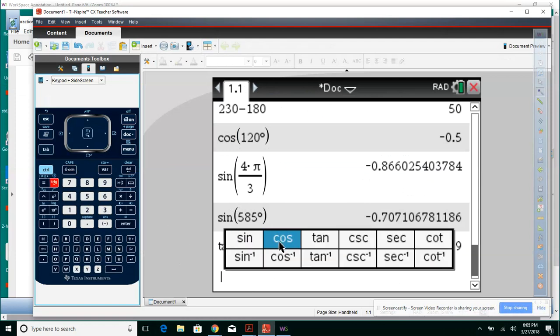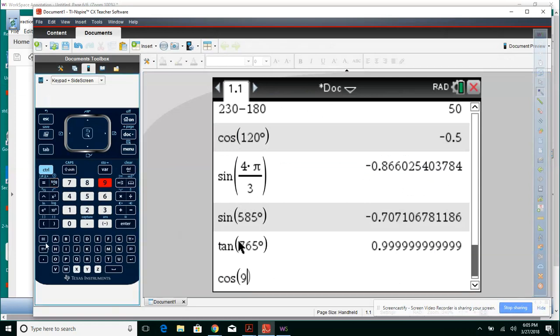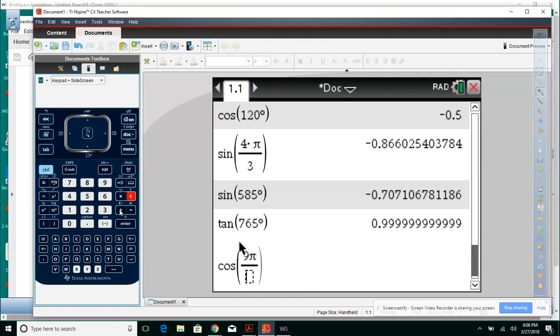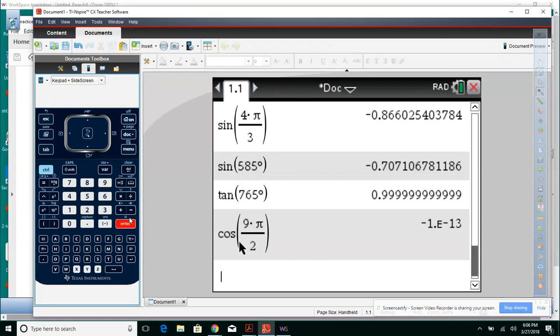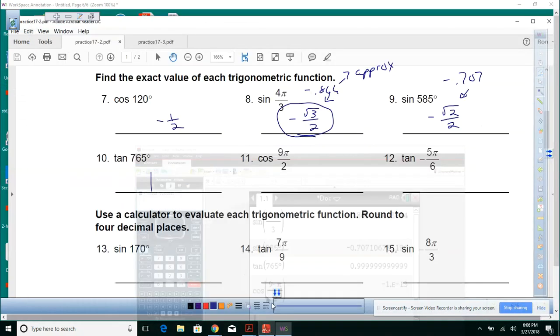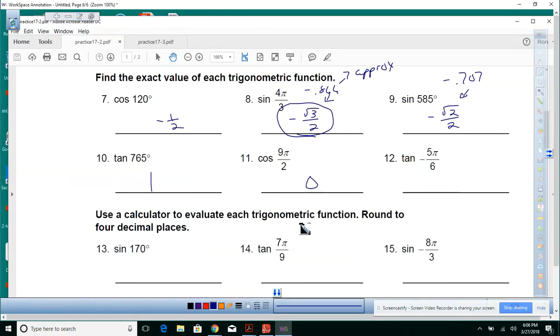Control divide over 2. That's probably going to give you, yeah, that is 0. All right, tangent, negative 5 pi over 6.